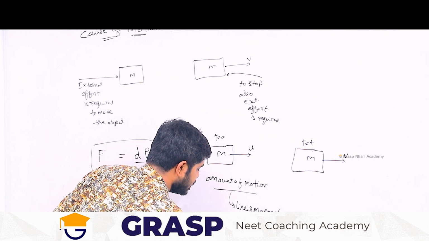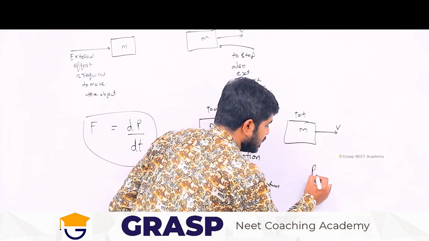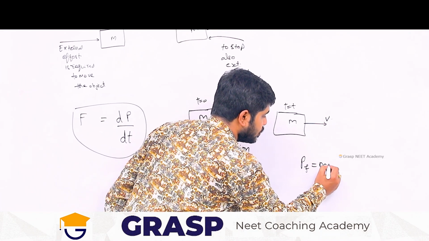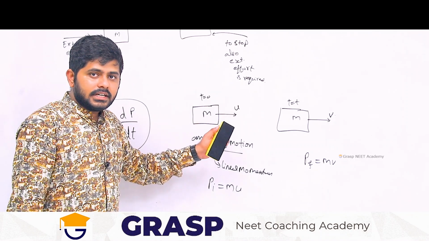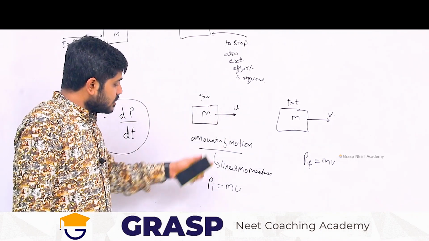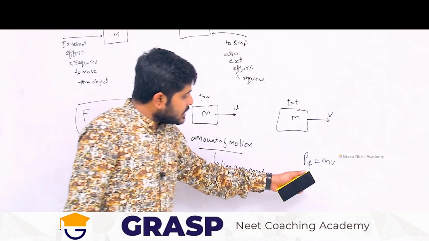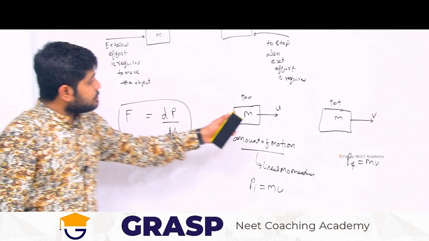Here the initial linear momentum is m into u, and the final linear momentum is m into v. For a particular mass, it attains a certain velocity, so the amount of motion is m into u initially and m into v finally. So the momentum changes in a particular time.